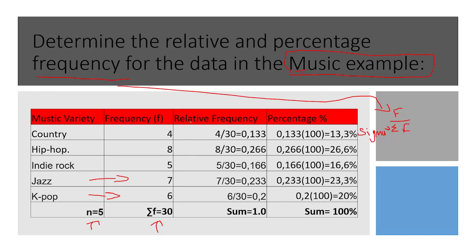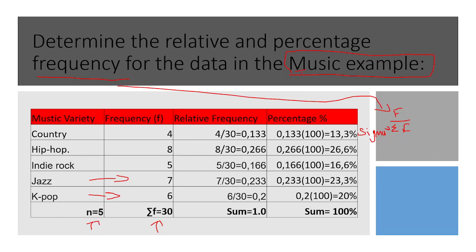So in order to get the relative frequency, we need to take the frequency divided by the sum of the frequencies, which is 30. What I've done here is take 4 divided by 30, which gives me 0.133. And I've done this for all 5 different alternatives.